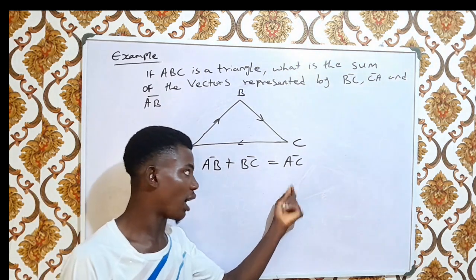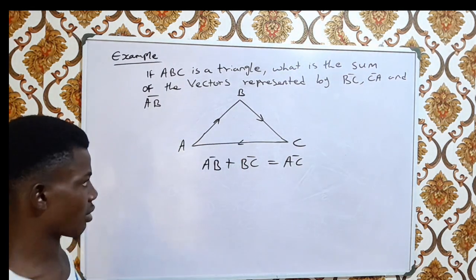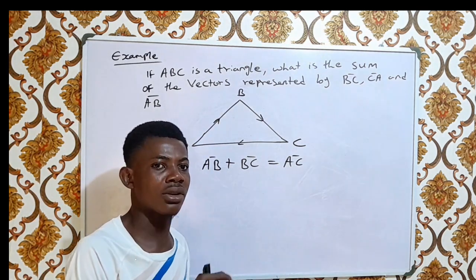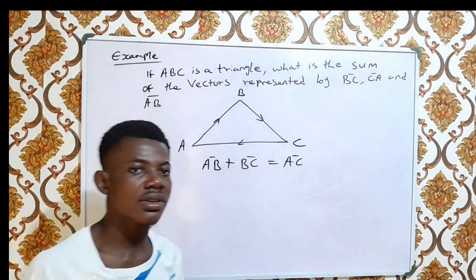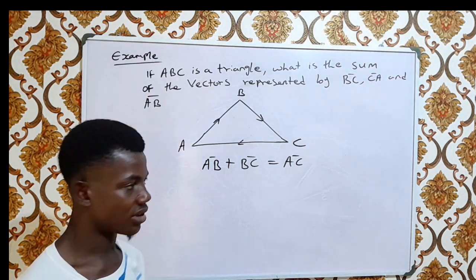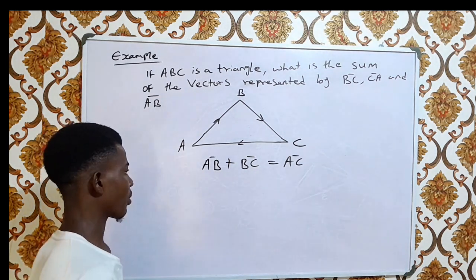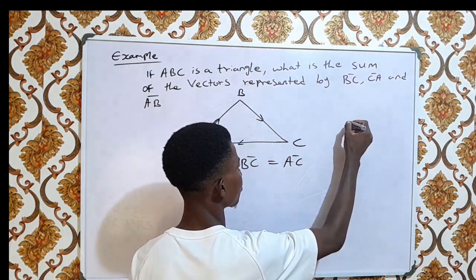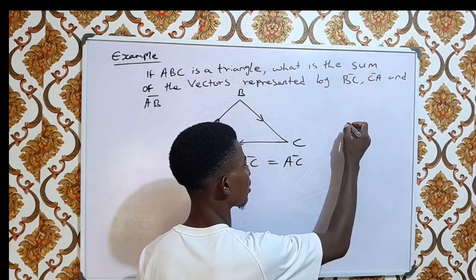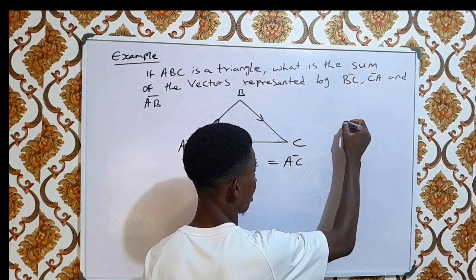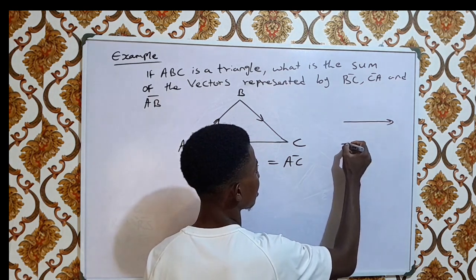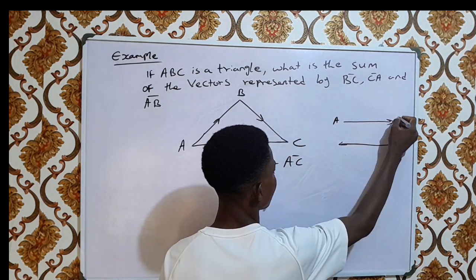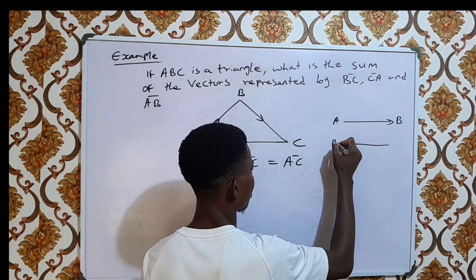Coming back to this question and going back to our previous question, under vectors in episode 1, we said something about negative vectors. Let me do it again. If we have something like this and we have another one moving like this, let's call here AB. And here is still AB.